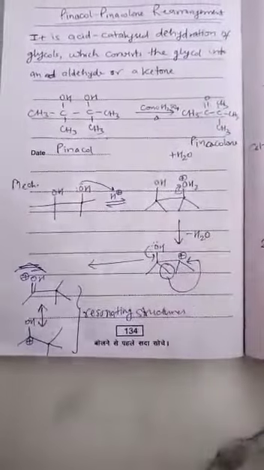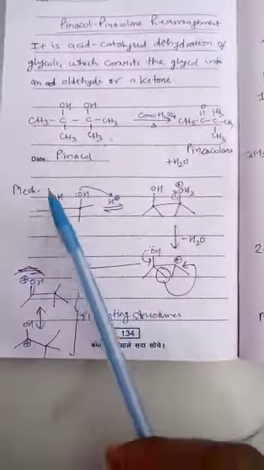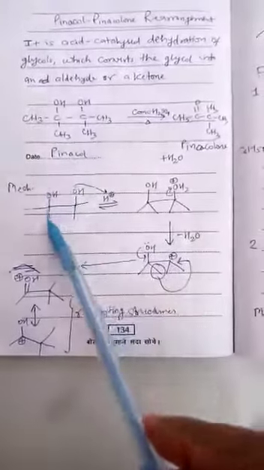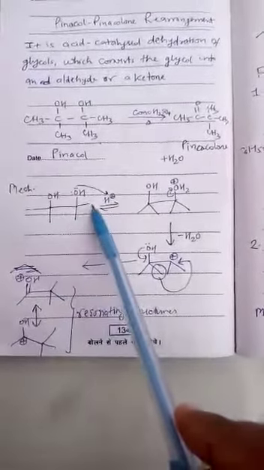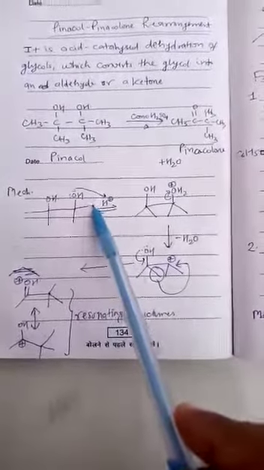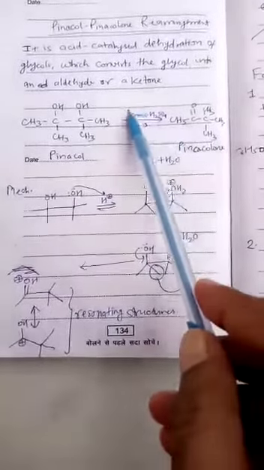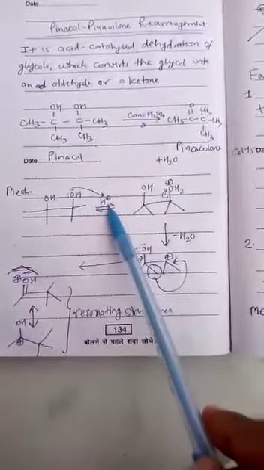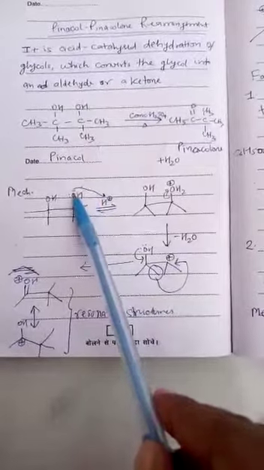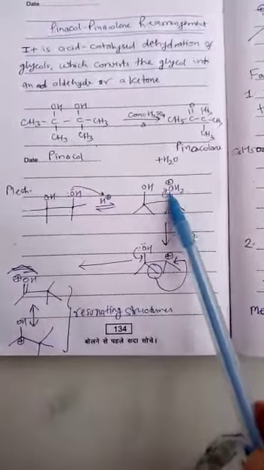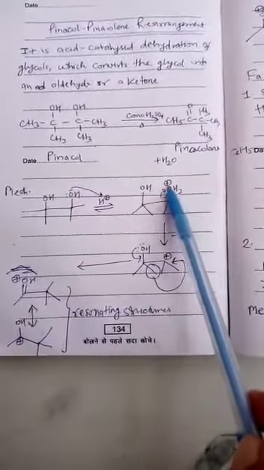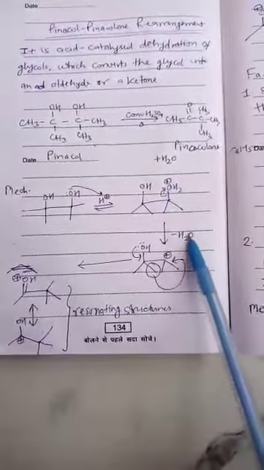Now let us discuss the mechanism. I have written this structure in line structure formula. This is CH3, CH3, this one is CH3, CH3, OH. Now you can see concentrated H2SO4 will give H plus ion, so this lone pair will take H plus ion, so it is converted into H2O, and this water will be released in the second step.